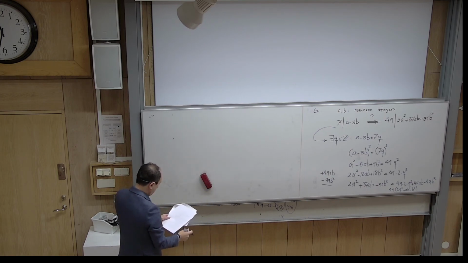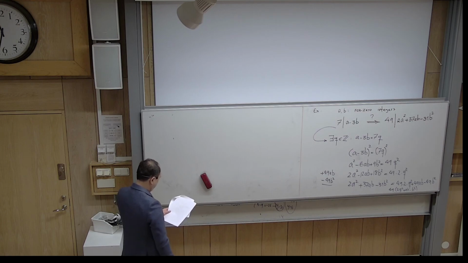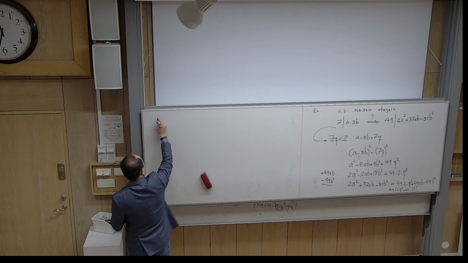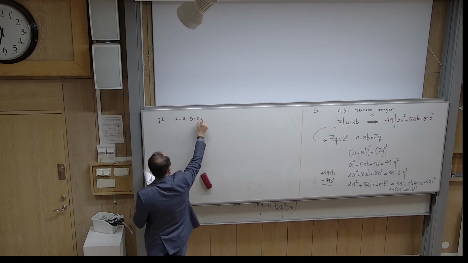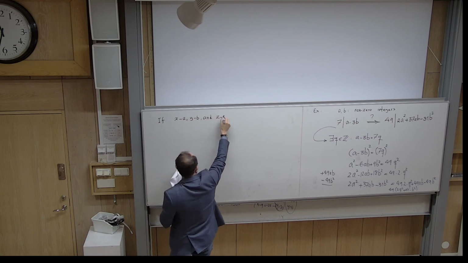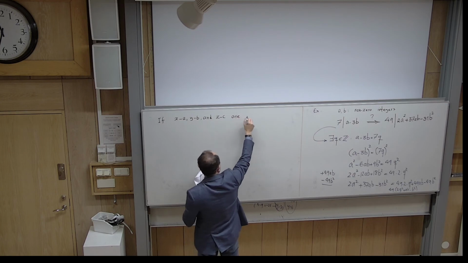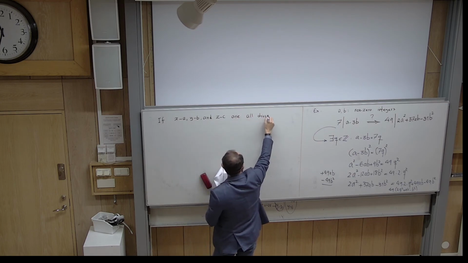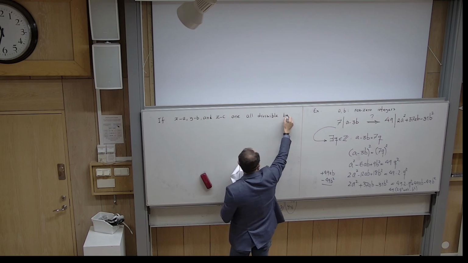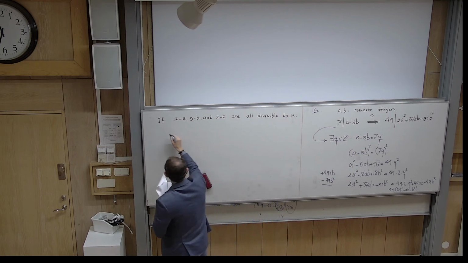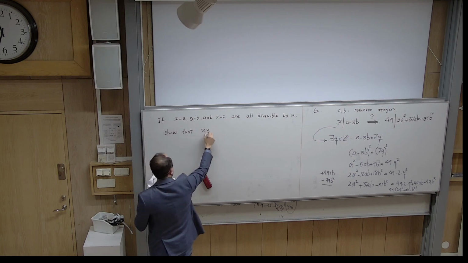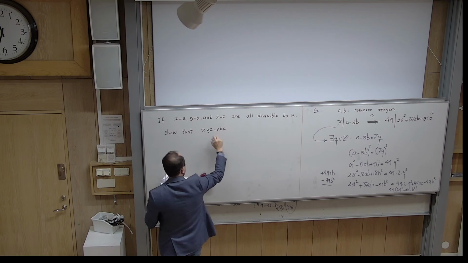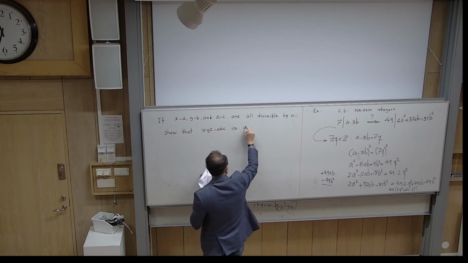Okay, so if x minus a, y minus b, and z minus c are all divisible by n, show that xyz minus abc is also divisible by n.